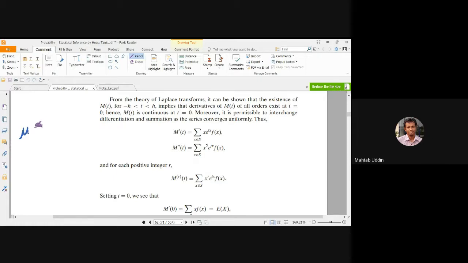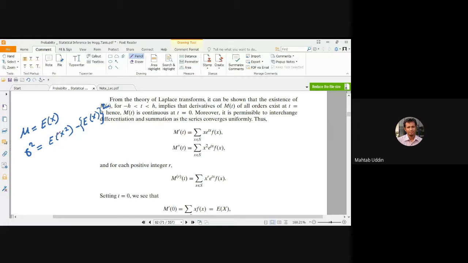The mean is known as mu, which is actually the expectation of x, and the variance is defined as sigma square, which is the expectation of x square minus the expectation of x whole square. These are the formulas. But sometimes calculating the expectation is tough.